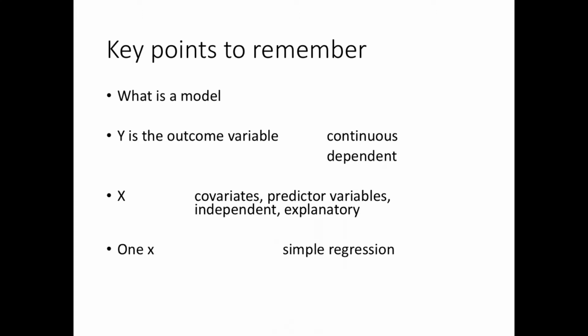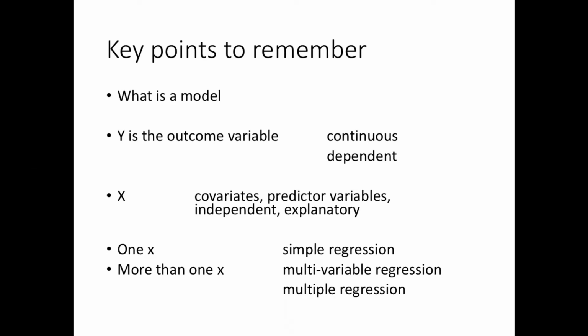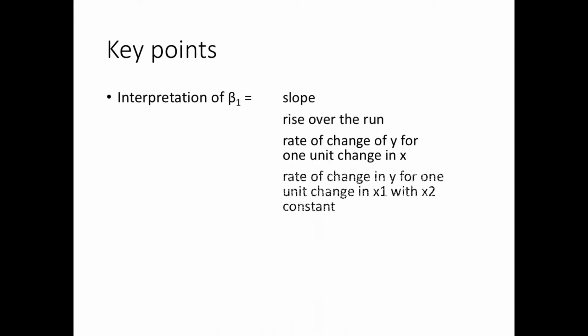If there is only one x, we call it a simple regression. If there are more than one x, we call it a multivariable regression or a multiple regression. The entire exercise, as we said, is about the interpretation of beta 1, which is the slope of the line.